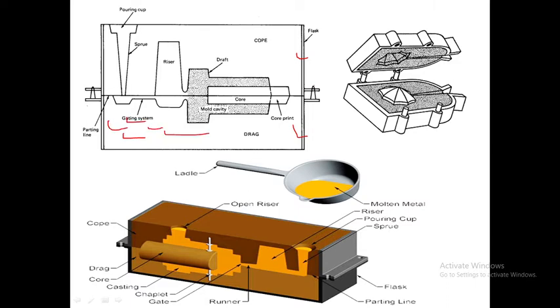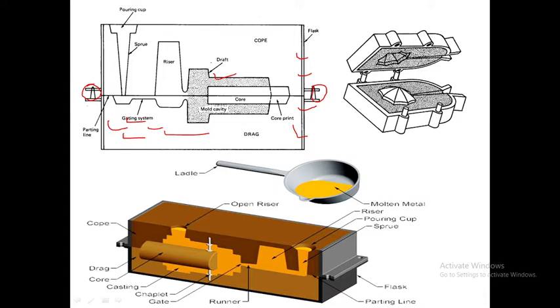Over here there are locator pins. Normally these locator pins hold these two blocks, the cope and drag, together. Due to that, the part which is produced has the required shape and size.